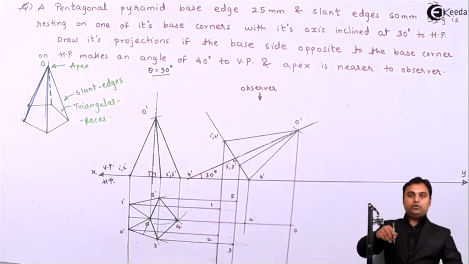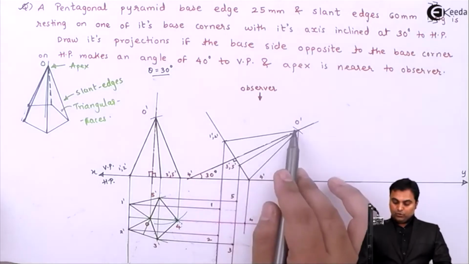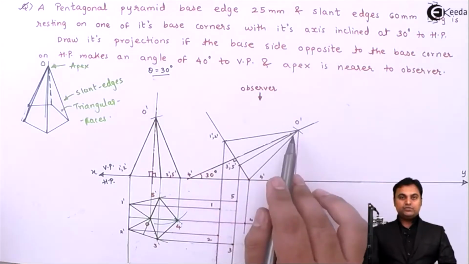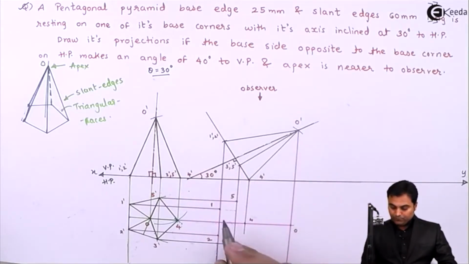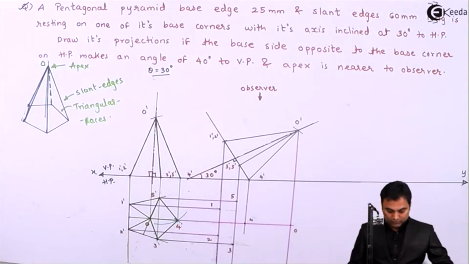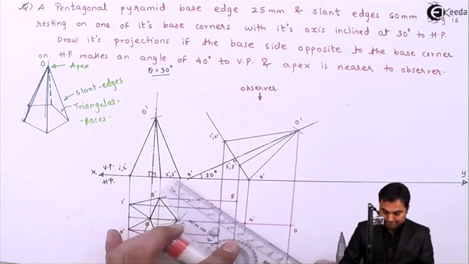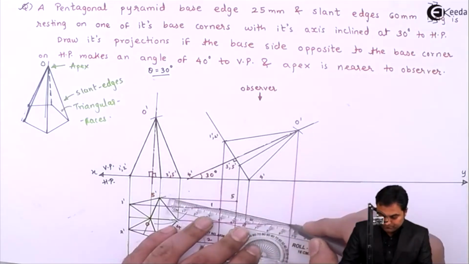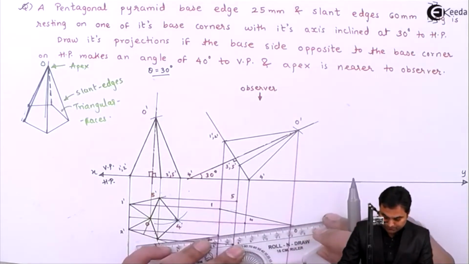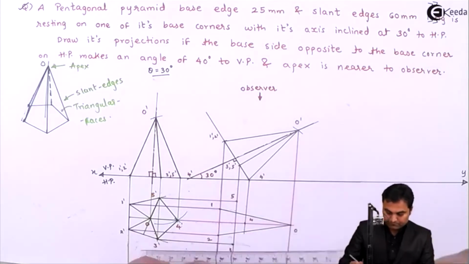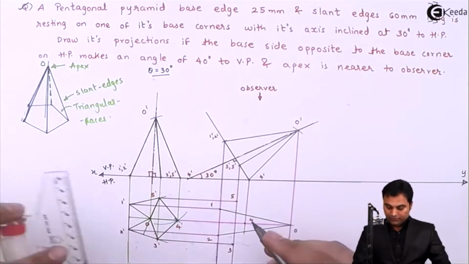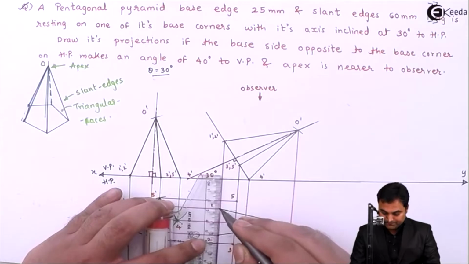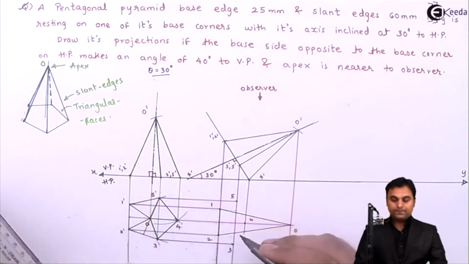Now joining them, taking care of visibility. If we are looking from top as an observer, O dash, 1 dash, 2 dash is visible. So O will join 1 and 2. Next, 1 to 2 will be connected, visible.